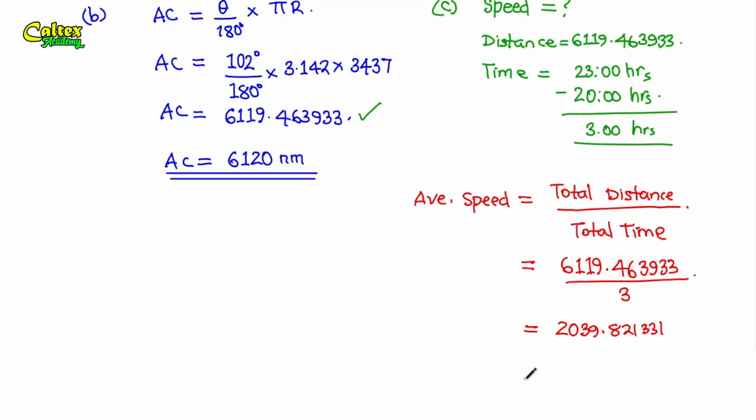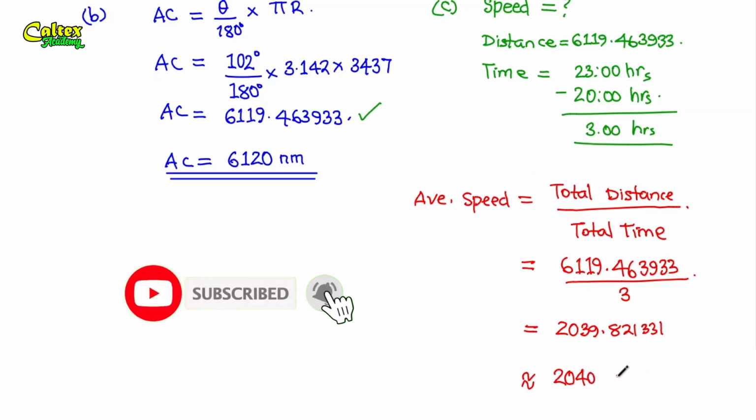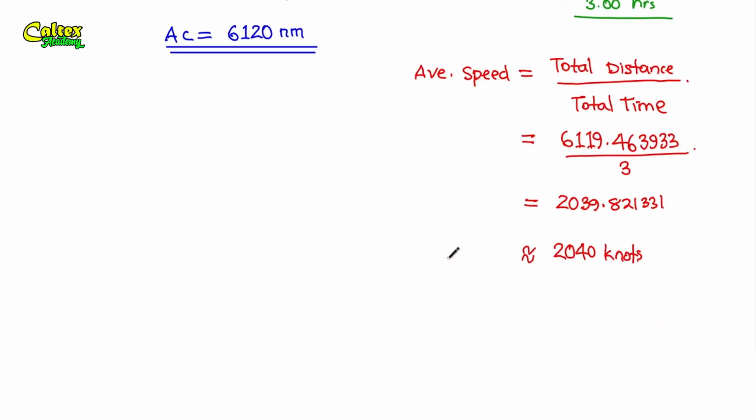So we can approximate our average speed to a whole number by rounding the 8 to the nearest whole number here to obtain 2040. And the average speed is also measured in knots because our distance was in nautical miles. So this becomes our average speed. And this is the solution to part C of the question.